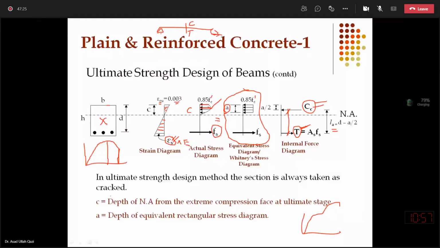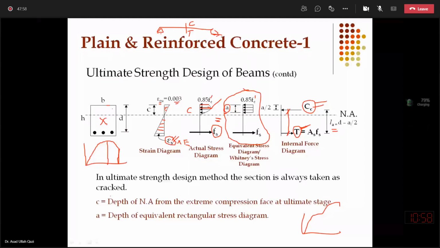And it is claimed that both pictures are equivalent. The actual one is a little tedious because I need to integrate the area under the curve, and then I need to find out what is the point of application of C on this parabolic picture. And this picture seems a little easy because I can multiply 0.85 f'c with a and then with the cross section width b.